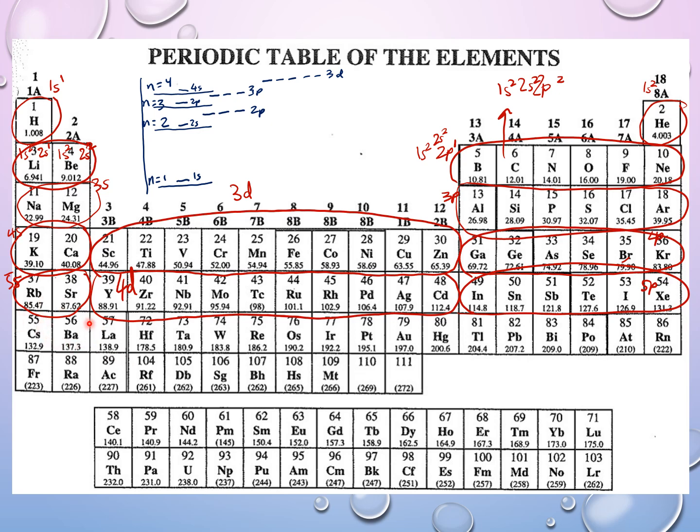So this was, let me write it down, level 6S, level 7S, okay? And then this is level 5D. This is level 6D, okay?